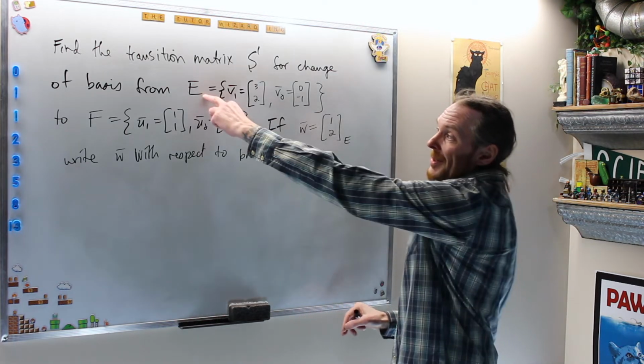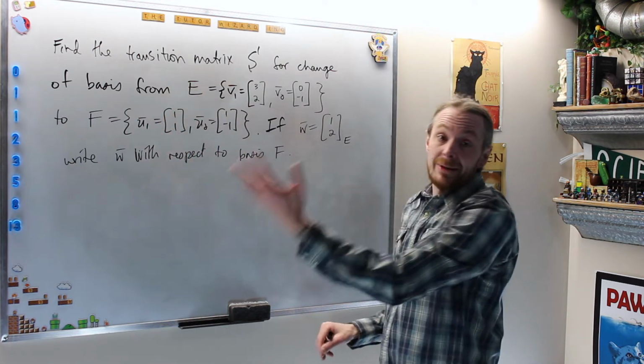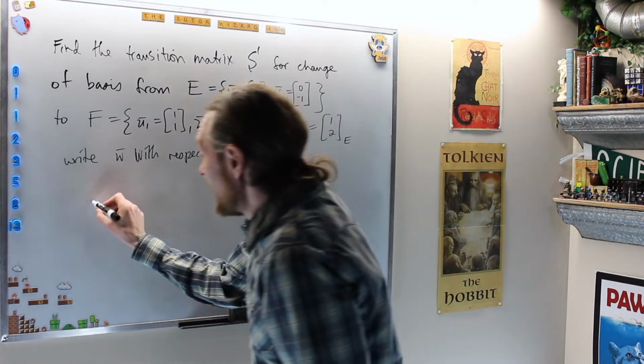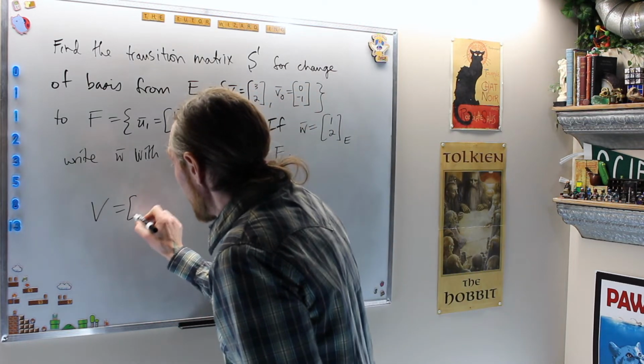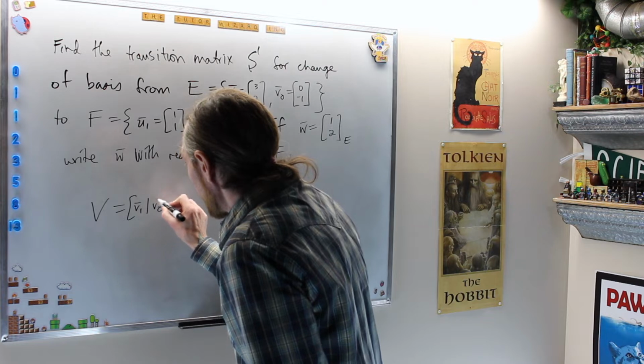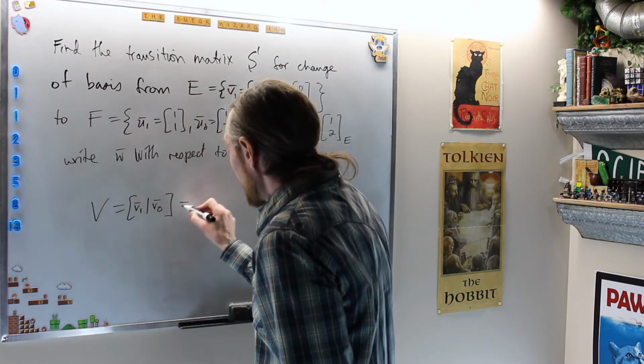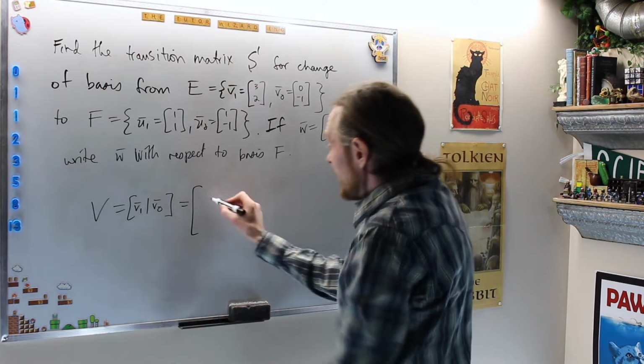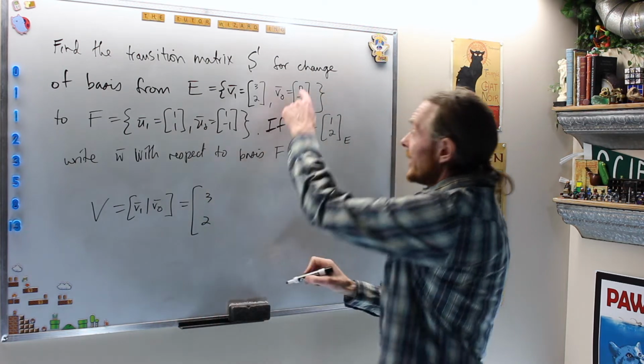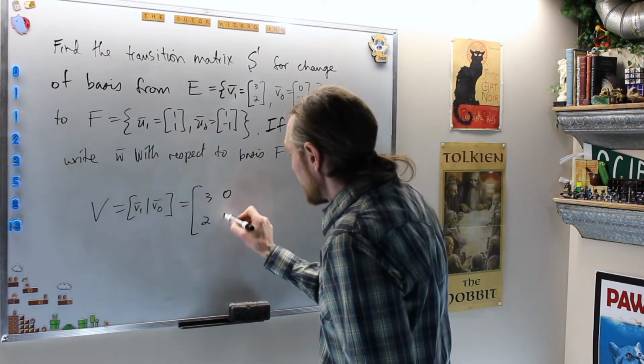From the basis E and the basis F, I create two matrices. V has V1 as its first column and V2 as its second column, which in our case is 3, 2 and 0, negative 1.